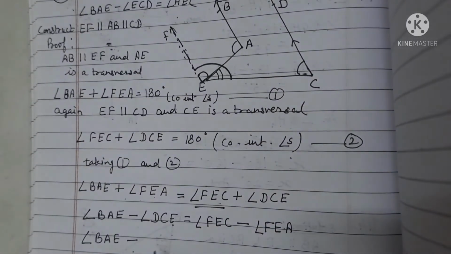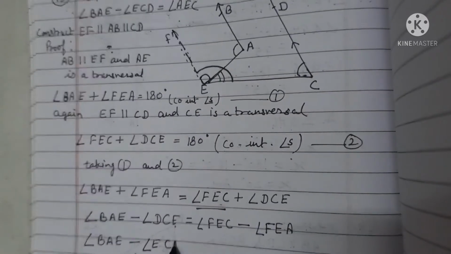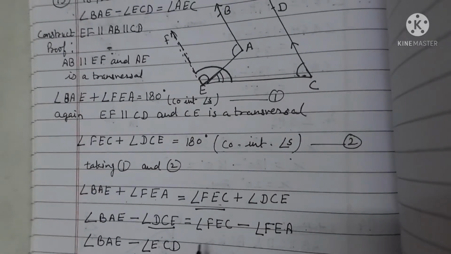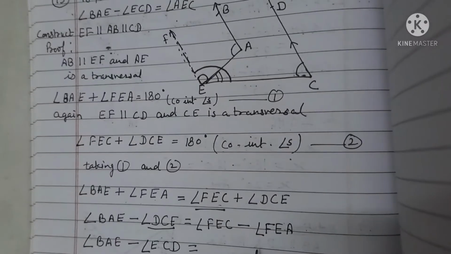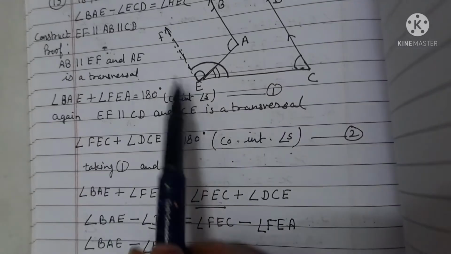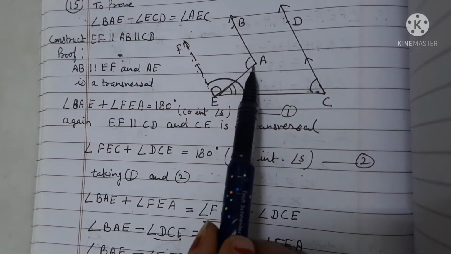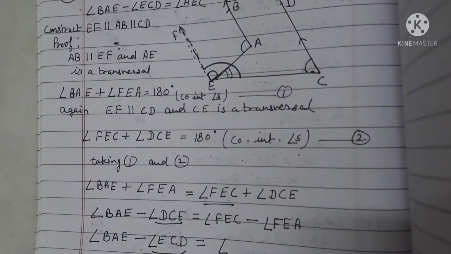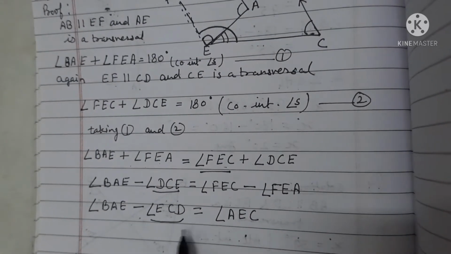So I am changing it to angle ECD, which is the same thing, and it is equal to angle FEC minus angle FEA. You will get this part, angle AEC. So it is proved.